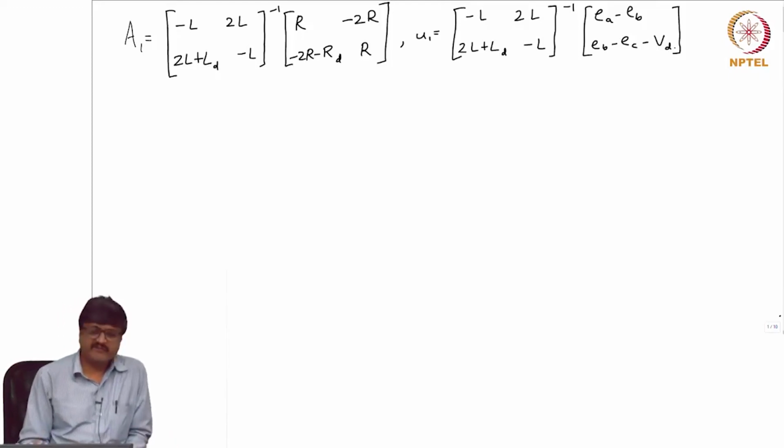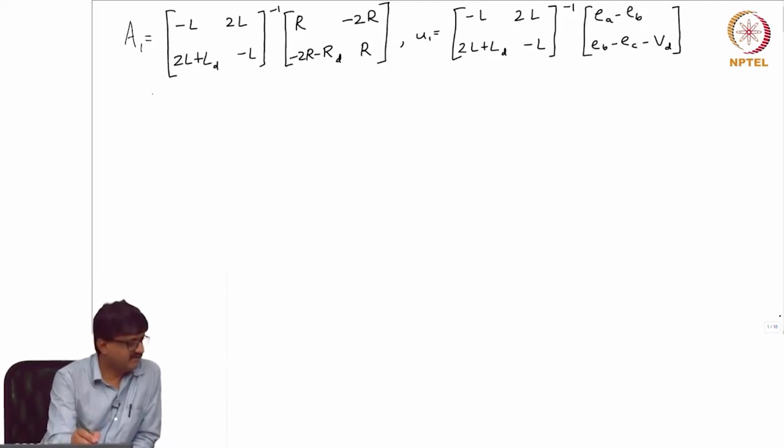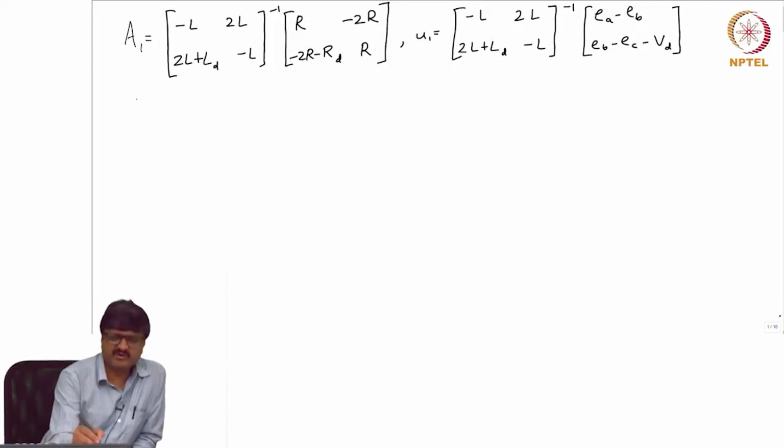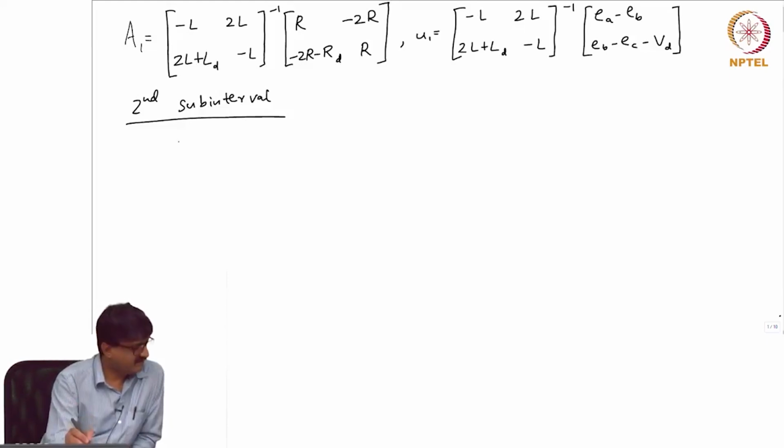So, if I want A2 and U2, I should consider the second subinterval of this 2 and 3 valve conduction mode. If I take the second subinterval, then I have an equivalent circuit which shows only those elements that conduct non-zero current.